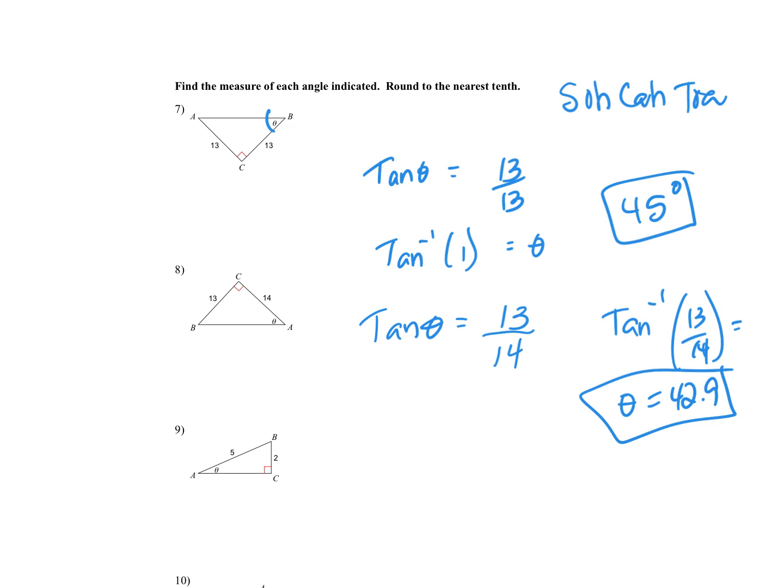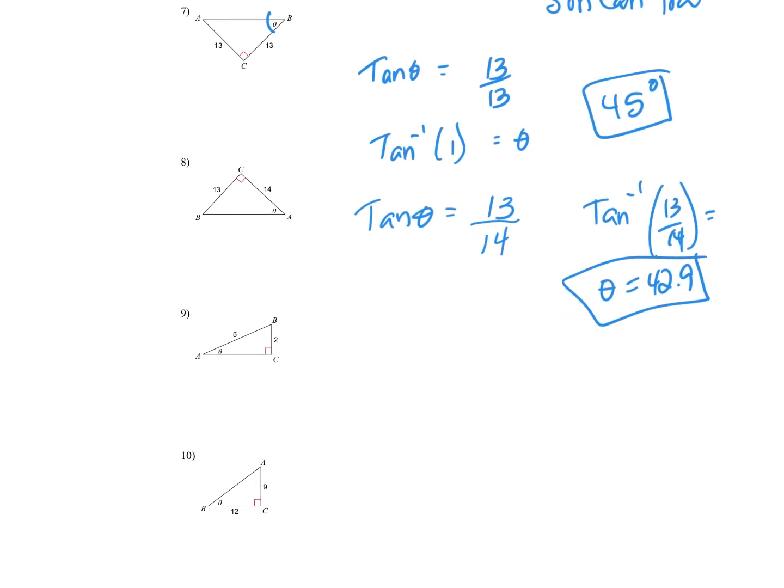The opposite, wow, we've got a non-tangent one for a second. So this is opposite and hypotenuse. So sine of theta is 2/5. So second sine of 2/5 equals theta, and that is 23.6 degrees.